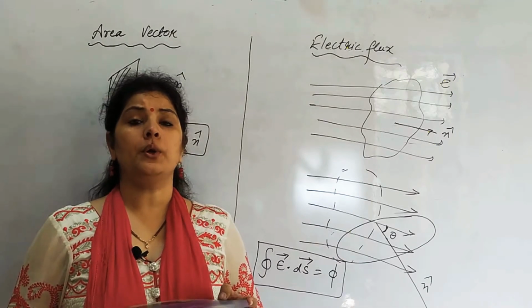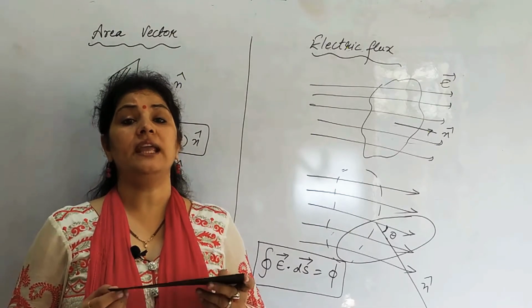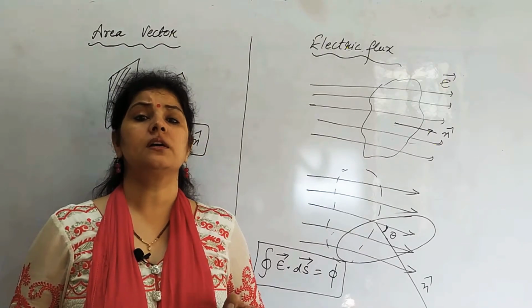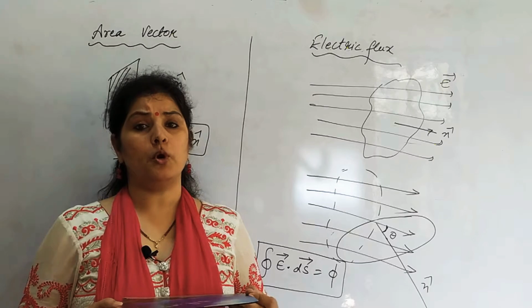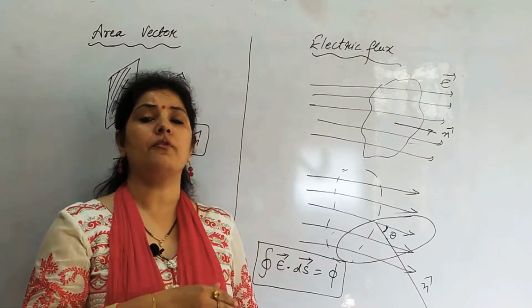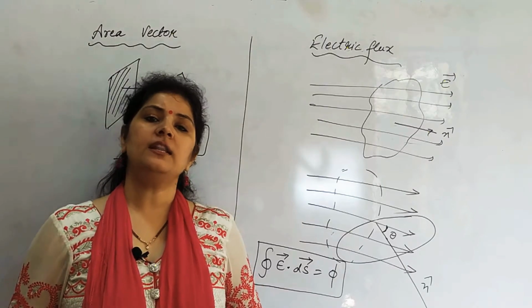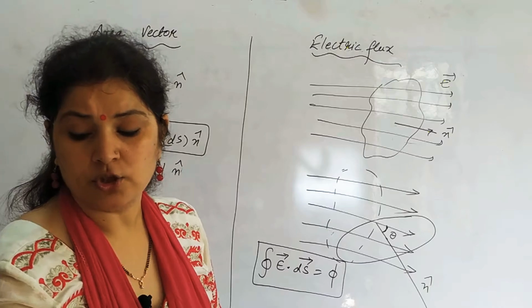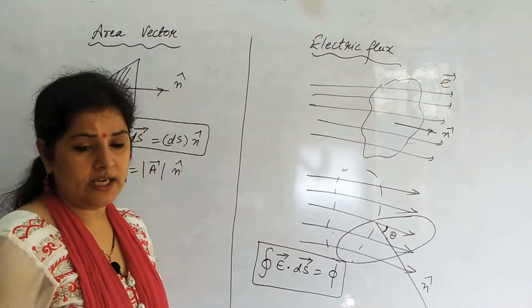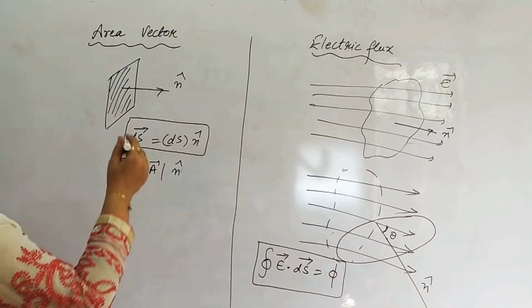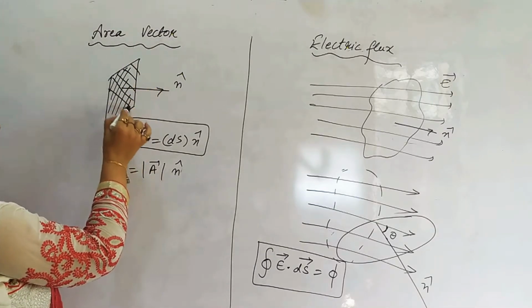So now we are going to learn how we can treat area, which is a scalar, as a vector. So we will learn about area vector and how changing the area is going to affect the electric field and the number of electric field lines passing through the given area, right? So what we do to convert area into area vector is, suppose we have taken this area, any area, this is a given area.